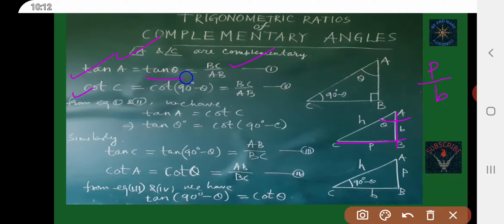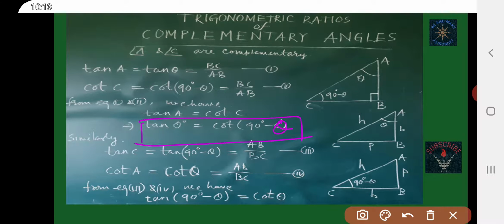Okay, so tan theta is equal to BC by AB, and cot C means for this angle, B by P. B is BC, P is AB, so BC by AB. Right sides are equal, so you can write the left sides, that is tan theta is equal to cot of 90 degrees minus theta. So tan theta is equal to cot of 90 degrees minus theta.